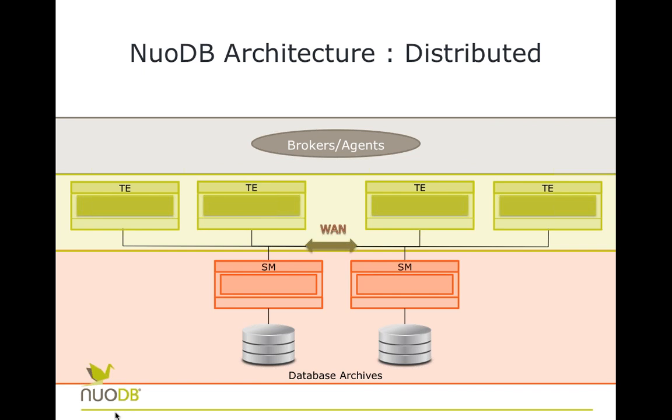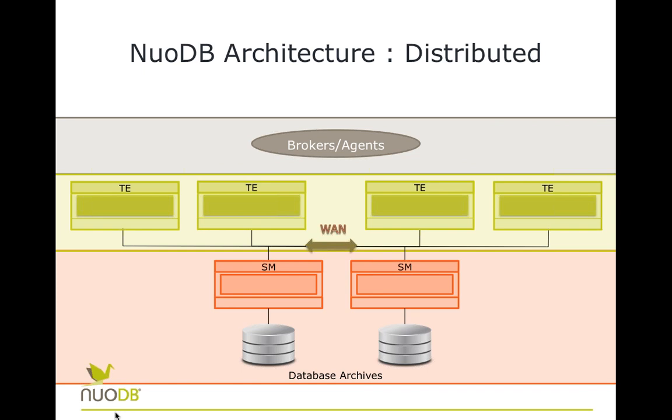But of course, it is a distributed system. So although I drew that picture of transaction engines and storage managers without any vertical split, you would normally expect this to be split at least once between two data centers. But as far as the client's concerned, it's completely transparent.